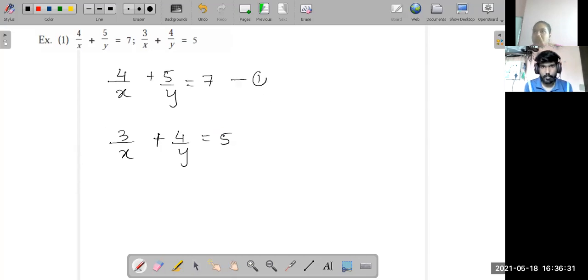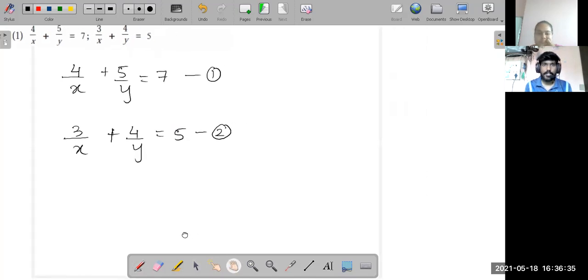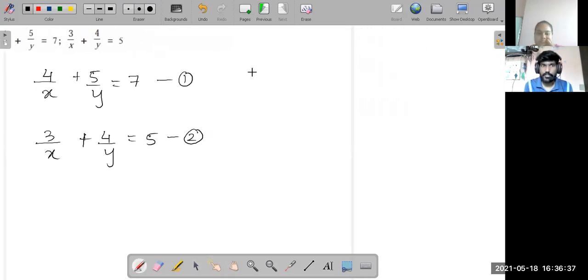I'll number them 1 and 2. Now, this first equation, you can write it as 4 into 1 upon x, plus 5 into 1 upon y is equal to 7.